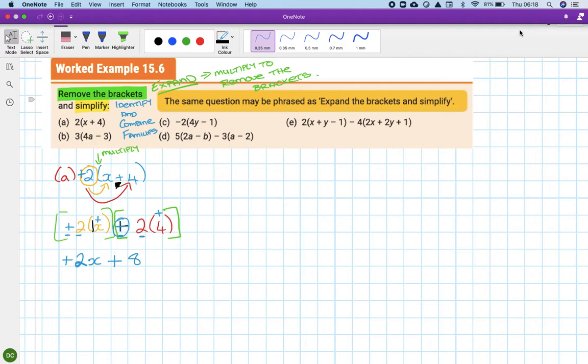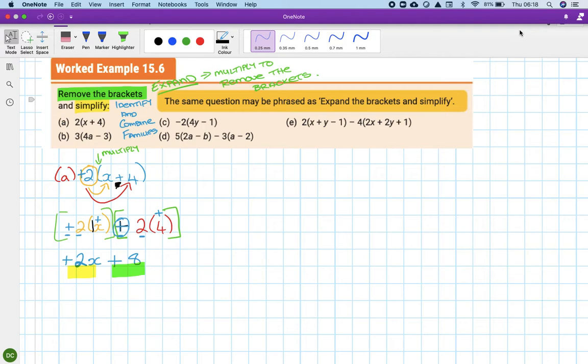So now I have removed the brackets, or I have expanded. And the next thing we have to do is simplify if it's possible. Okay, but if you look at what we have here, we have something from the x family, and then we have a constant. So they can't be combined because they're not part of the same family.